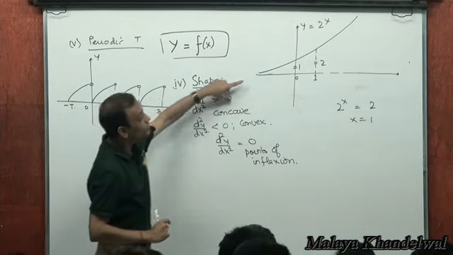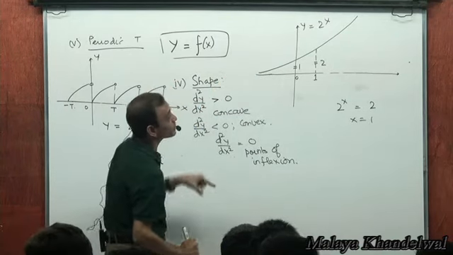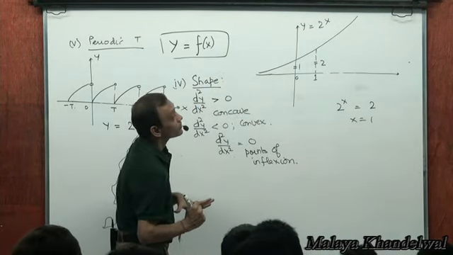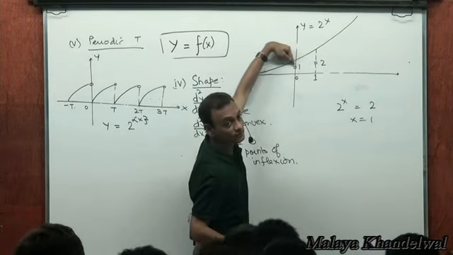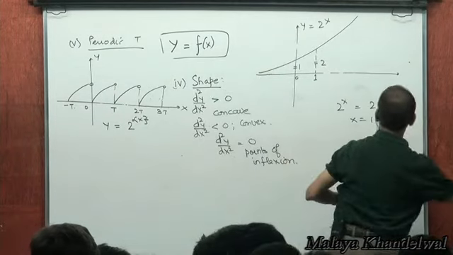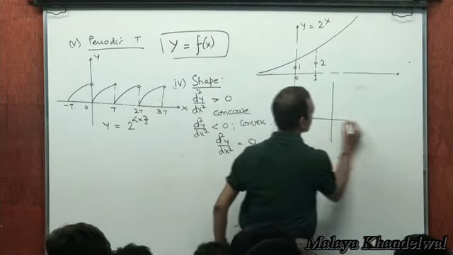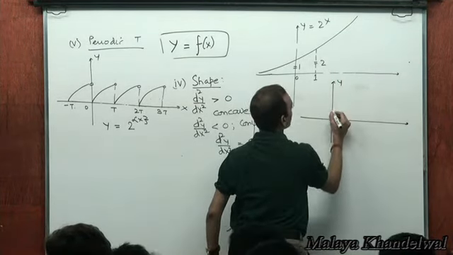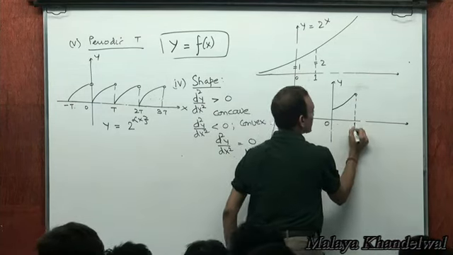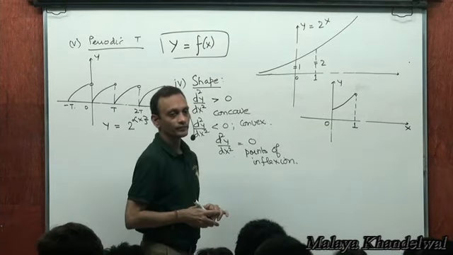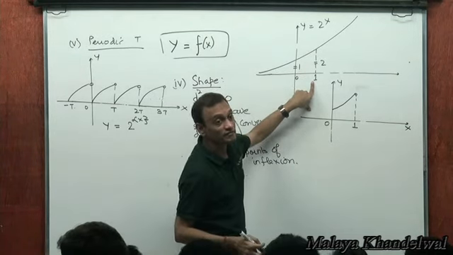Now this curve y is 2 to the power fractional part of x. Realize that when x lies from 0 to 1, this is the trace of the curve, right? With the inclusion of 0 but to the exclusion of 1.